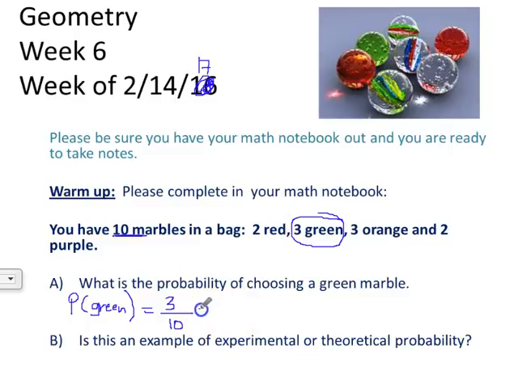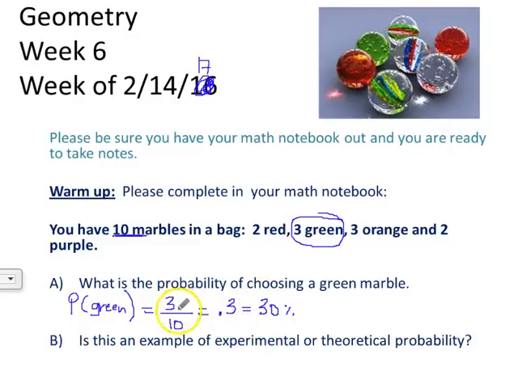Remember, we can also write probability as a decimal. So to get that into decimal form, I would just take 3 divided by 10 and I get 0.3. And we can also write probability as a percentage. So to move that decimal to a percent, I'm going to take the decimal and move it 2 places to the right, and that would be 30%.